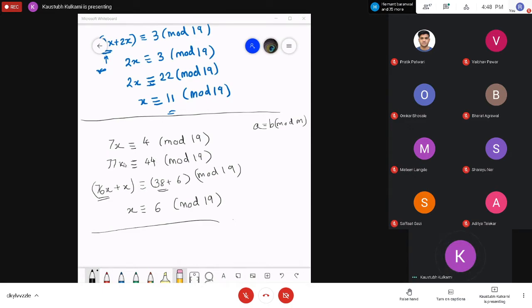And because the mod is 19, we tried to find a multiple of 19 which is closest to 44, in this case 38. Similarly, we found a multiple of 19 closest to 77, which is 76, and thus we got this. Okay, sir.